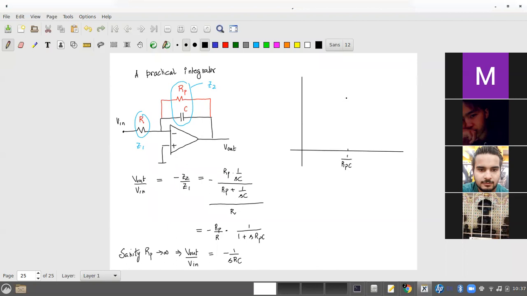Okay. So up to that frequency, how will the transfer function look? Be flat, right? RP by R. After that corner frequency, how will it go? Minus 20 dB per decade. What is this value going to be? We have already done this. What is that value going to be?